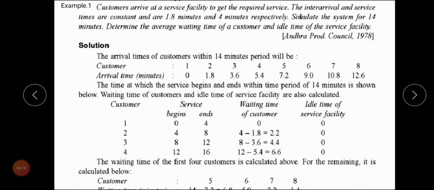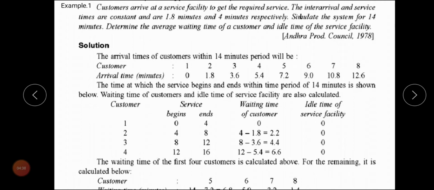You need not consider the 9th customer. We will simulate it for only 8 customers.